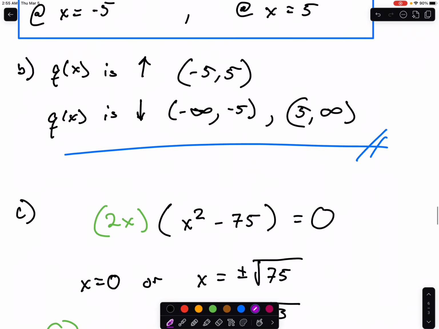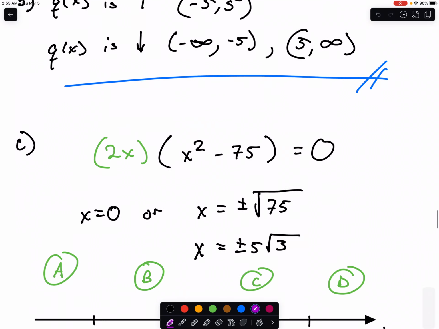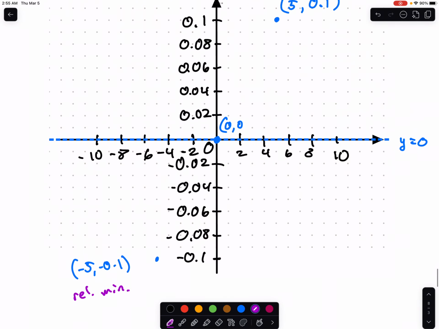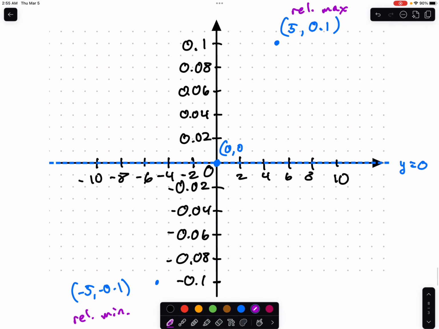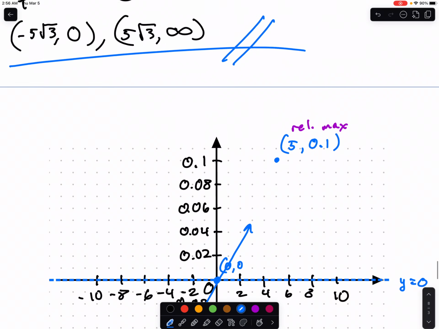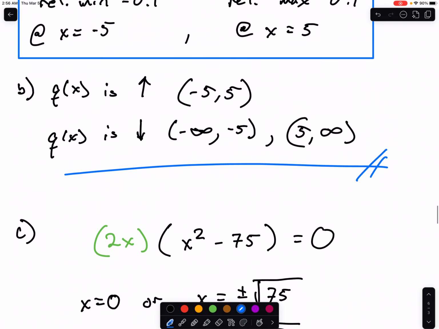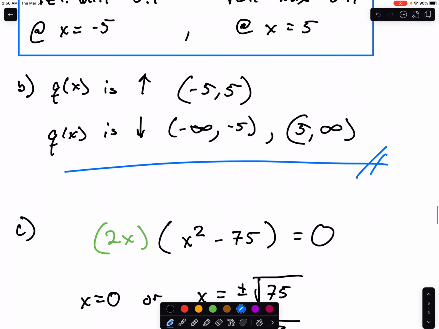From B, we have the original function is increasing as x goes from -5 to 5. So from -5 to 5, I'll capture that in blue like this. The function should be increasing, something like that. We had the original function was decreasing, basically on either side.